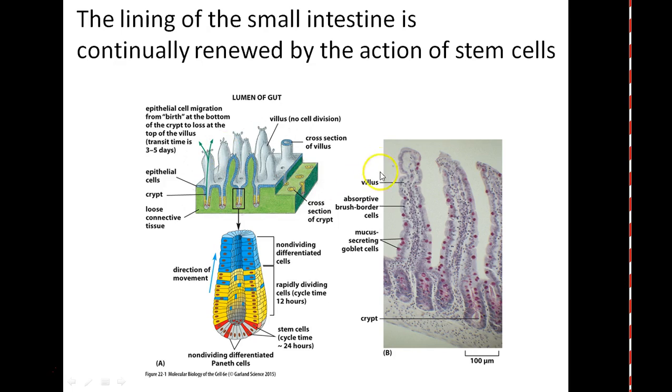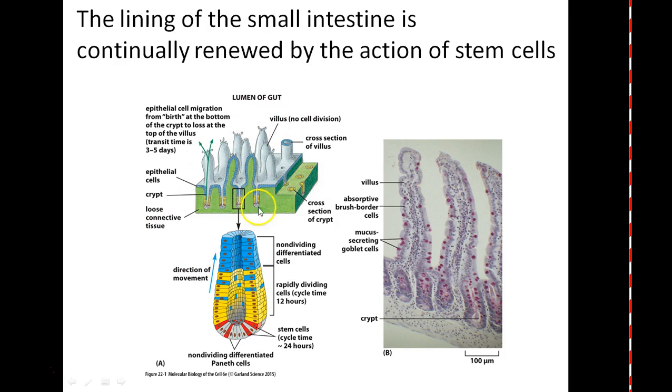This panel here shows the structure of the lumen of the gut. What you can see here, in green, is a connective tissue, and on top of it, there is a single layer of epithelial cells. Those form a very specific structure in our small intestine called villi, and they increase the absorption area.